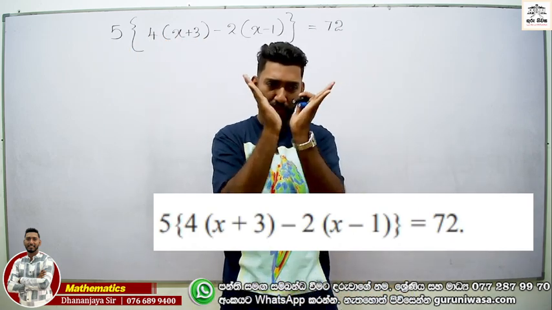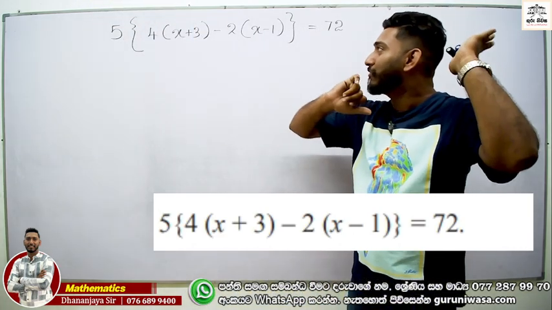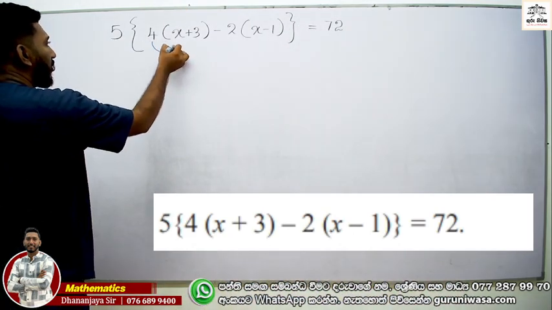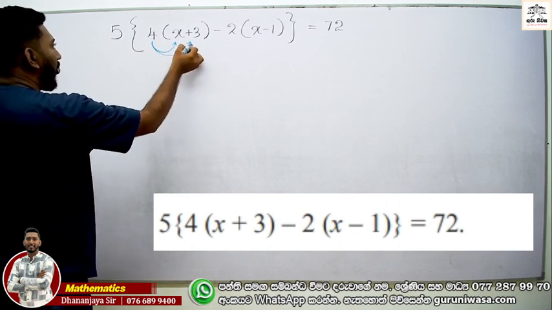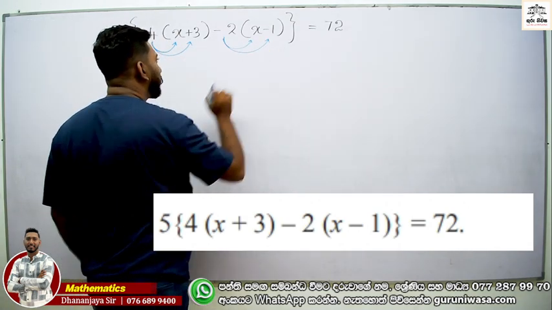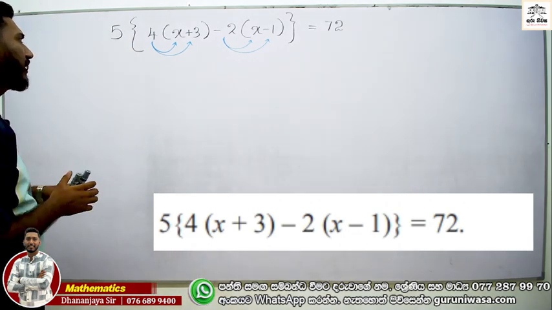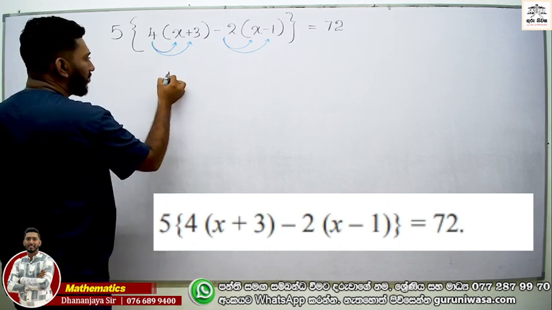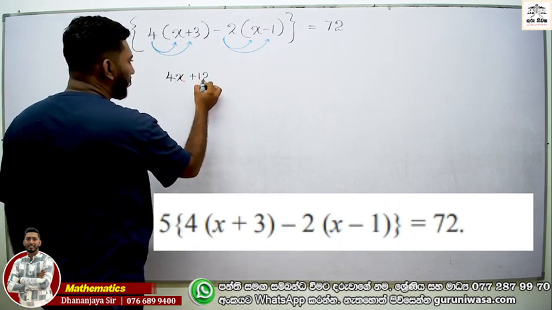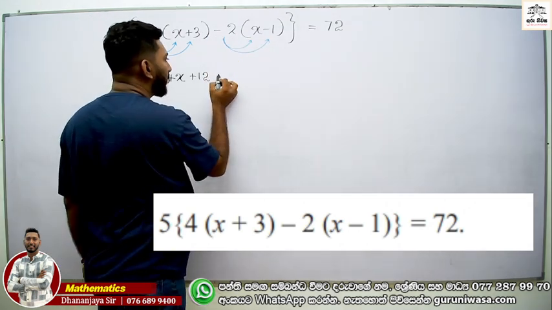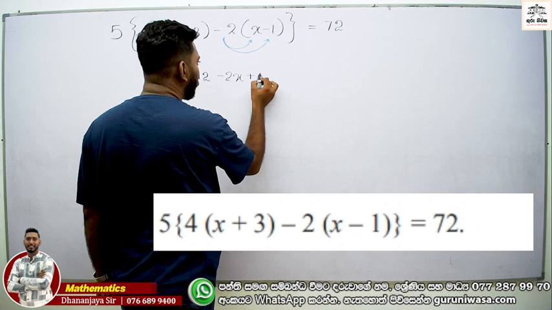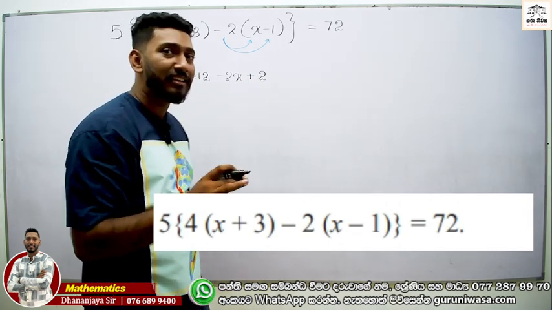Look at that 4, we need to expand it: 4 into x plus 3 and minus 2 times x minus 2 times minus 1. We can write 4 times x is 4x, 4 times plus 3 is plus 12, minus 2 times x is minus 2x, minus 2 times minus 1 is plus 2, and this one is related to directed numbers.